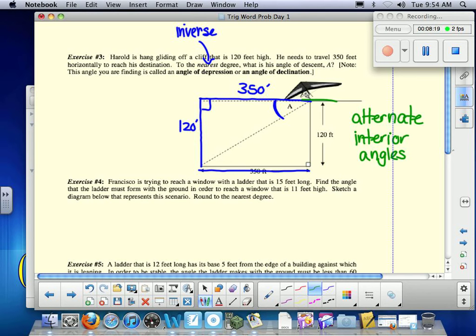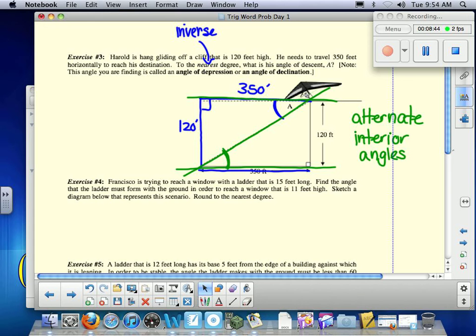So our 350 measure cut by a transversal, the diagonal. Angle A and this angle down here will be congruent. Alternate interior angles. Does that sound like maybe something you heard in a previous math life? Okay. Let's just move on.